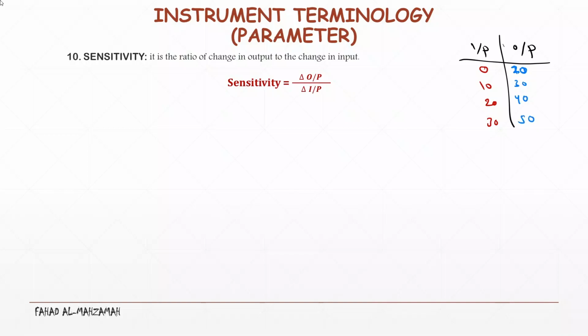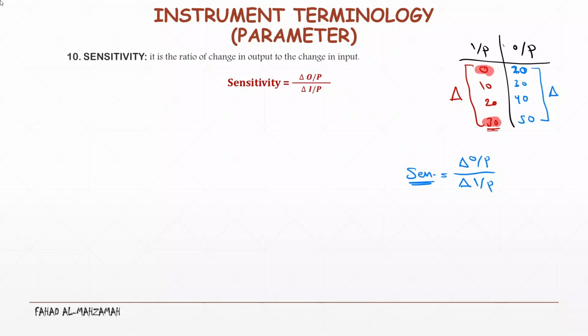So the sensitivity is equal to delta output divided by delta input. So you are taking the change in this one and you divide it by the change of this one.